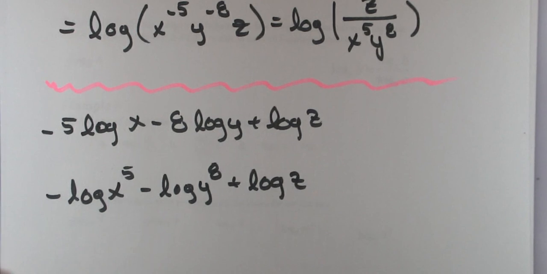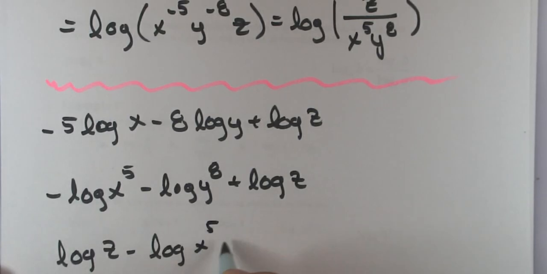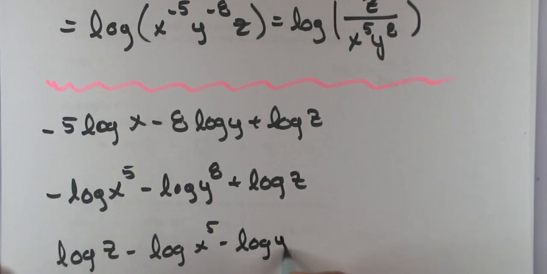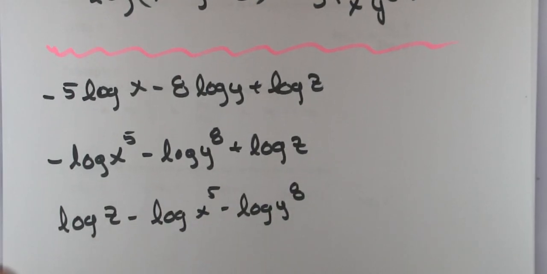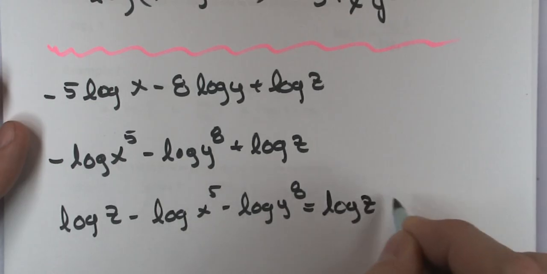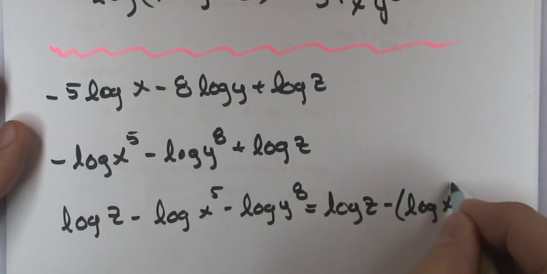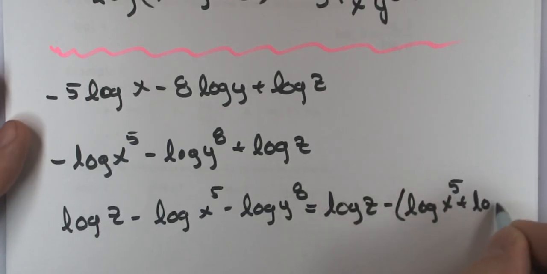Okay. And then, well, let me reorder things. I'll do that as log of z minus log of x to the 5th minus log of y to the 8th. And notice that both of these are negative. So I can factor out the negative there. Log of z minus, log of x to the 5th plus log of y to the 8th.